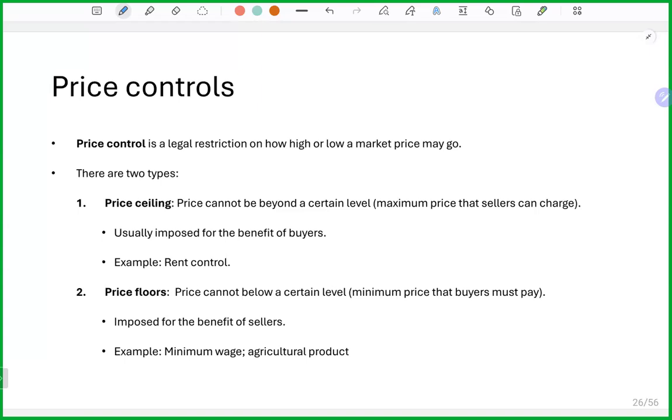That's a way of controlling the market price for newly constructed housing units. It sets the maximum price of the housing.